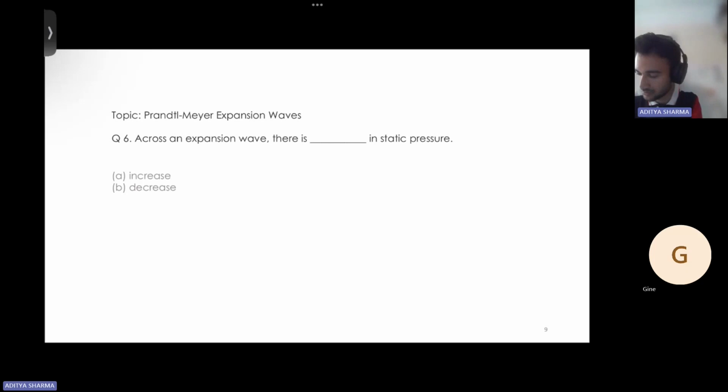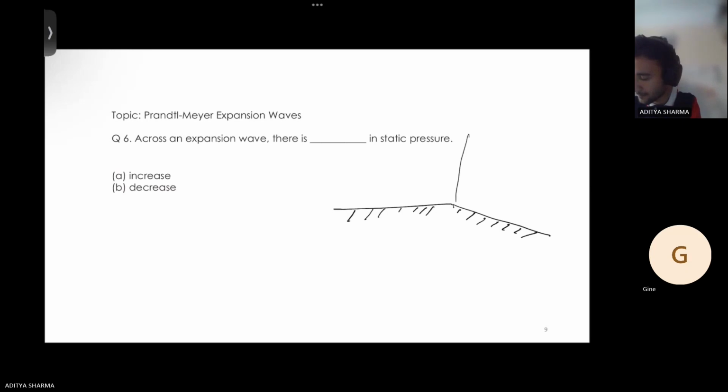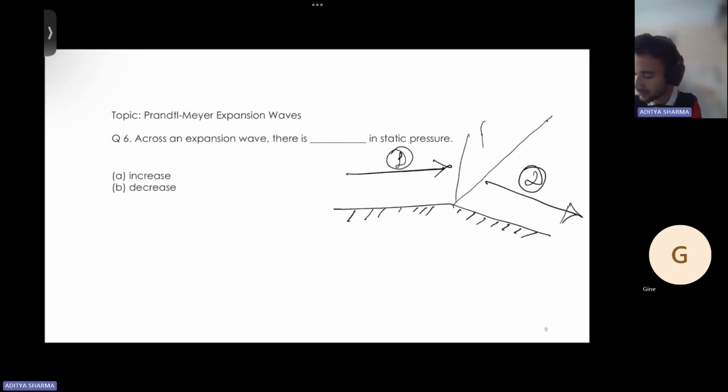I'll just write it again. This is 1, this is 2, and this is our fan. So I'll write static properties.